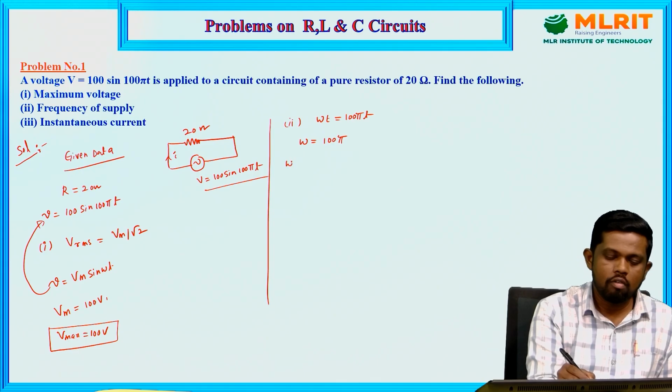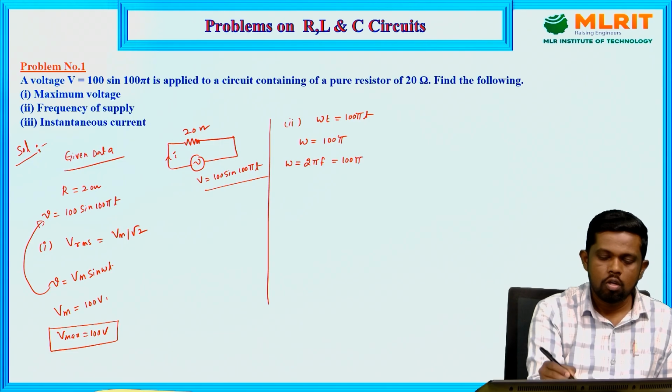We know omega, the angular frequency, is 2 pi f, equal to 100 pi. So f equals 100 pi upon 2 pi, both pi get cancelled, and we get f as 50 hertz. This is the frequency of the network, the answer to the second question.